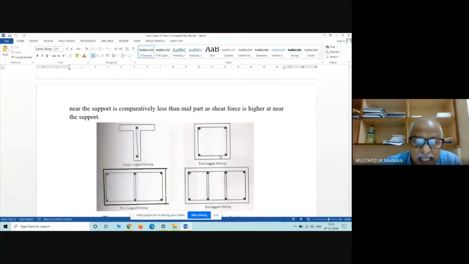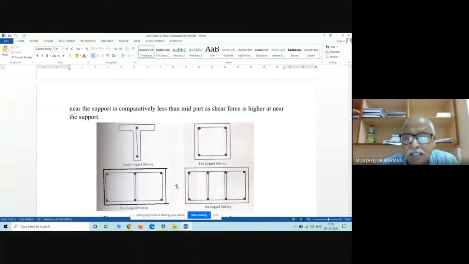Now see, this is a link. See, this is a single leg. This part is called a leg. Here only one vertical is there, but here two verticals are there, so that's why it is two legs. And here four verticals are there: 1, 2, 3, 4.